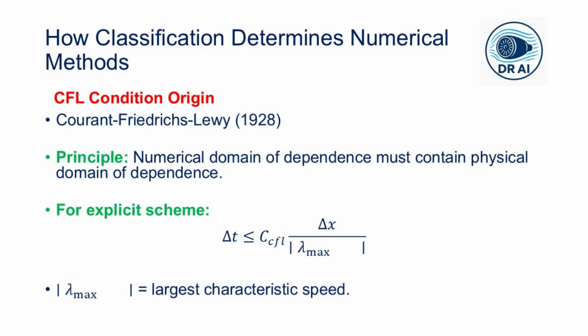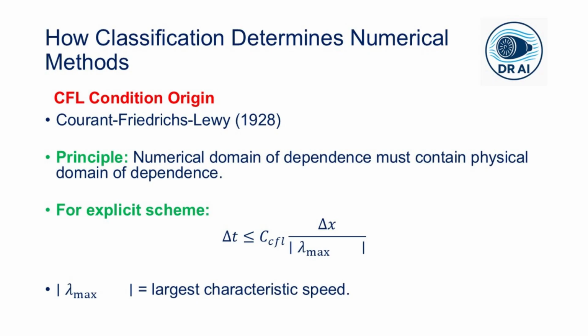Now, moving on to the CFL condition and numerical stability. Now we see how equation classification determines the numerical methods. First, the CFL condition, a must-know for every CFD practitioner. The Courant-Friedrichs-Lewy condition, often abbreviated as CFL, in 1928 stated that the numerical domain of dependence must contain the physical domain of dependence.